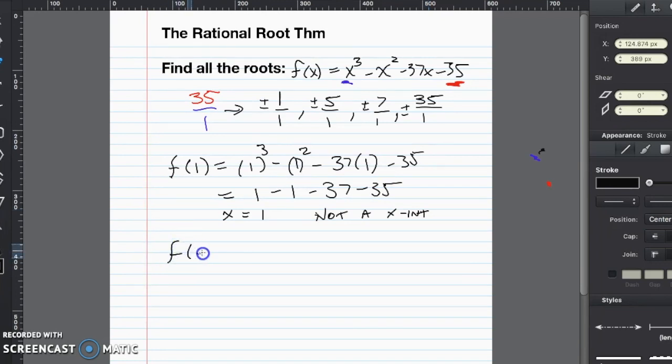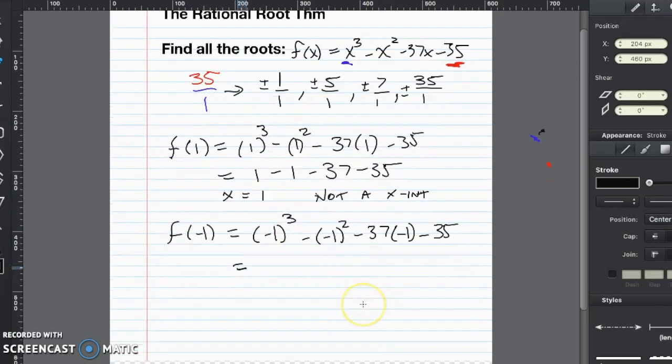I made the problem, so I have a feeling this one might work. So let's try it out: negative 1 cubed minus negative 1 squared minus 37 times the negative 1 minus 35. Let me scroll down here a bit.